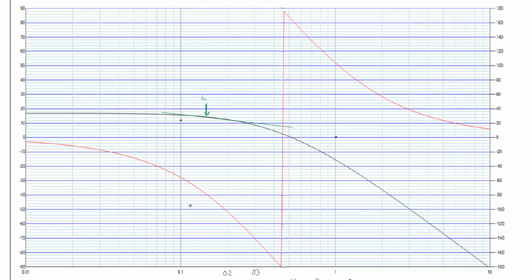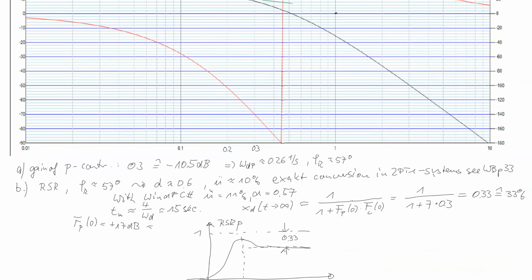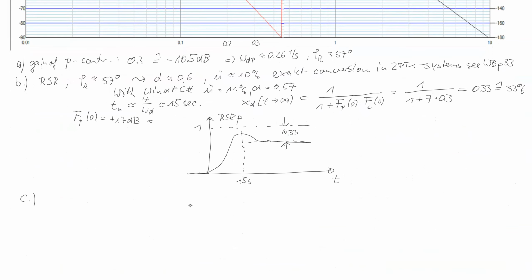Say this is omega 12. Omega 12 is rather in the middle between 0.1 and 0.2, so we can now note omega 12 with the green mark as around 0.15 per second, and our estimation for Tn is then the inverse of this: 1 divided by omega 12.